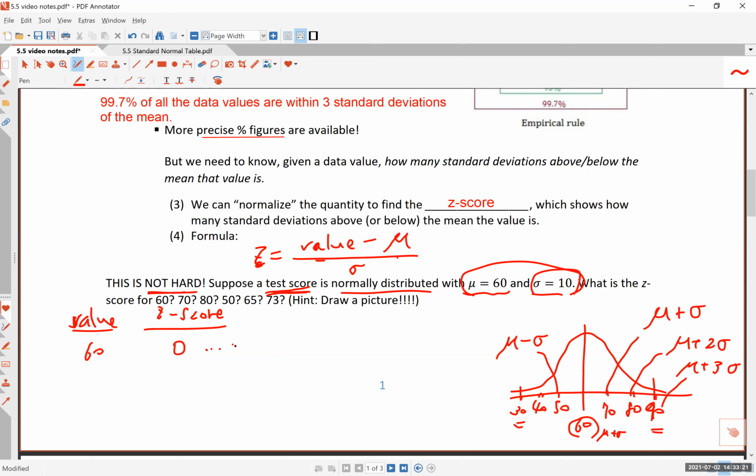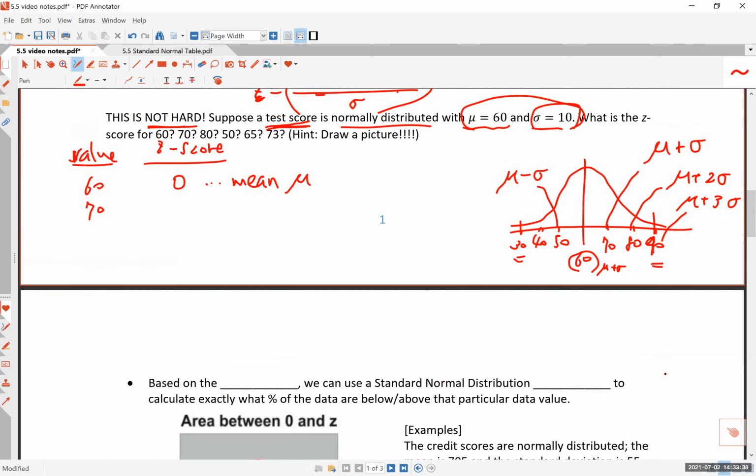The mean value, which is mu, is always going to have the z-score of 0 because of this equation, and because mu itself is the reference point. Now, how about 70? 70 is exactly 10 above the mean, but 10 is our standard deviation.